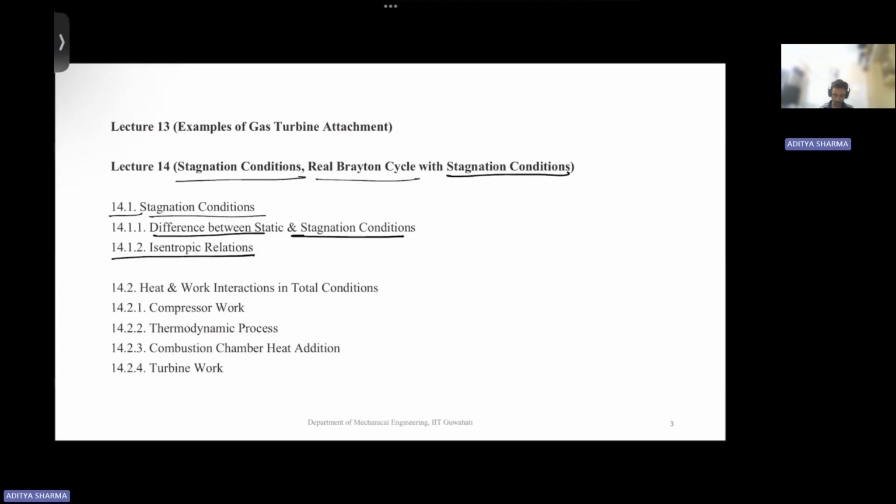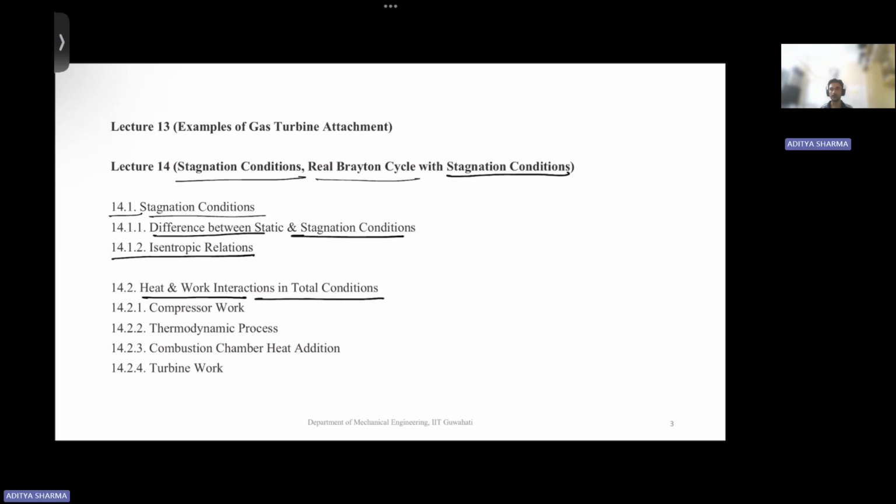Then next is your heat and work interactions in total conditions. Previously we have been seeing heat and work interactions excluding the dynamic part or the velocities of the working fluid. We have been neglecting all this.